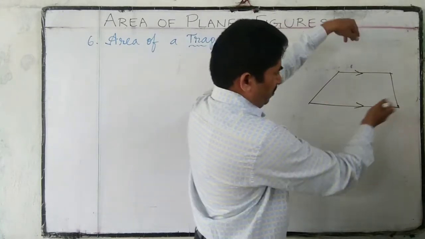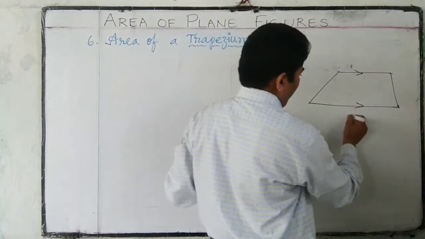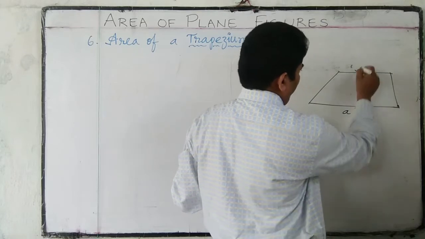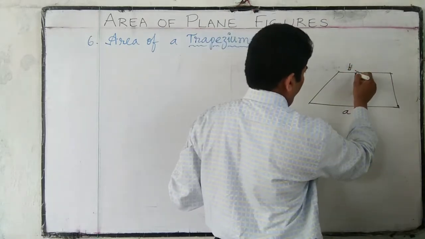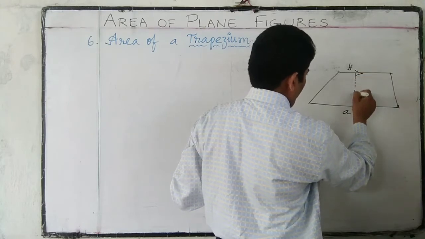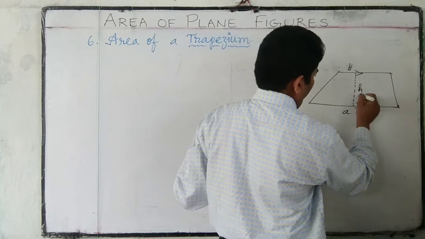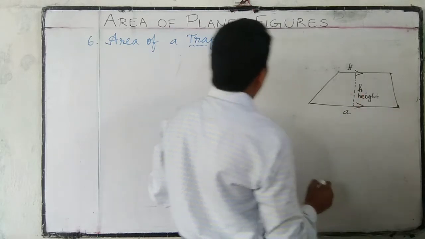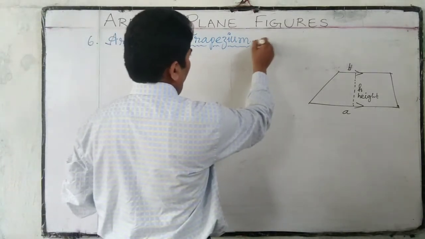This one pair only parallel. So these parallel sides are denoted by small letters A, B, and height of the trapezium is H, means height.